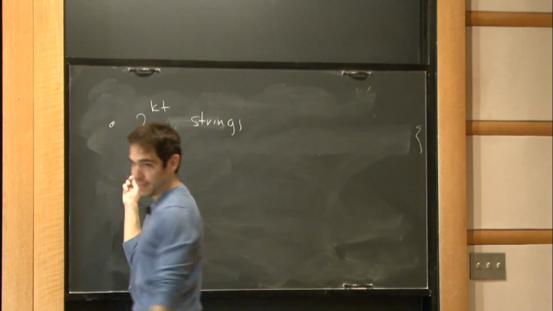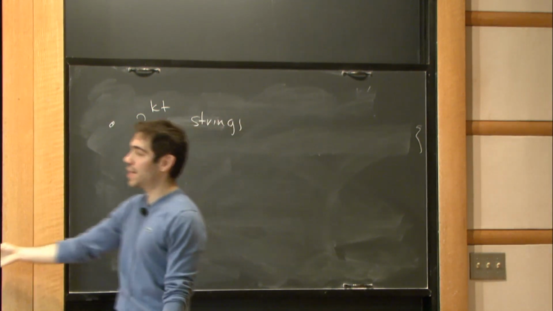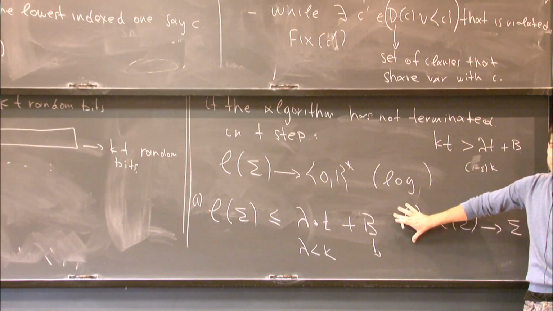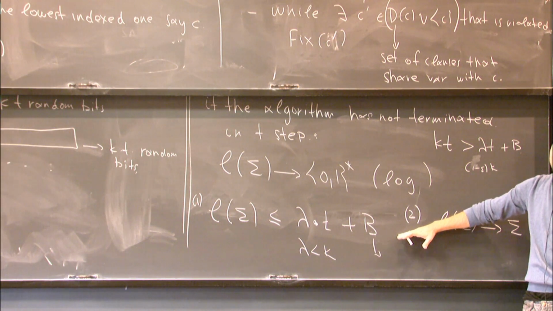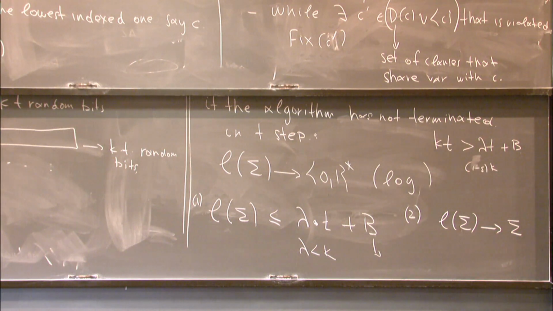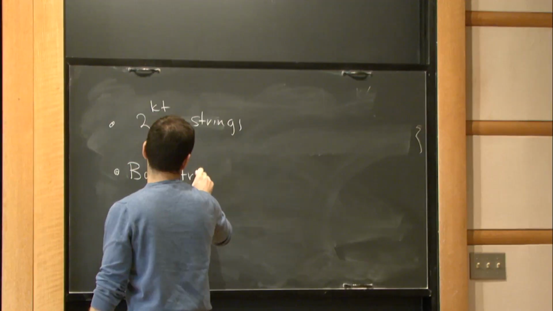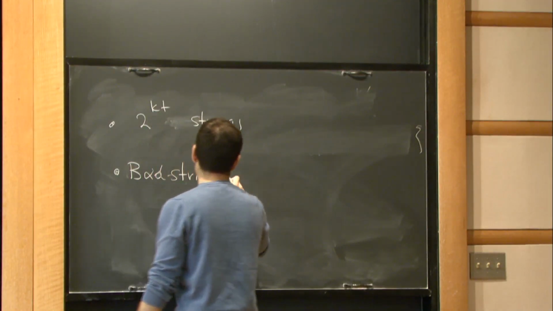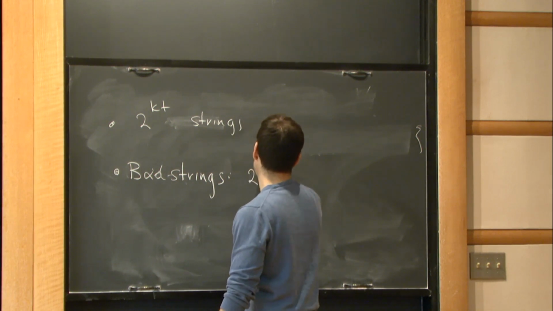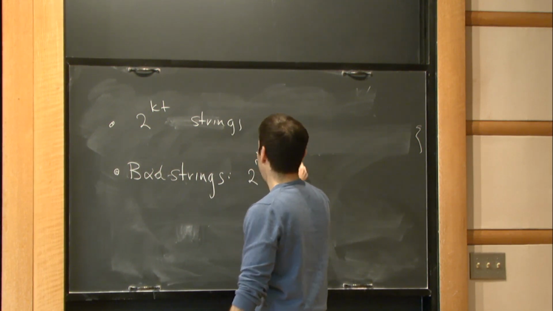You pick one at random. What this does is count how many of these strings lead to a failure, to no termination. These are the bad strings, and the bad strings are at most 2 to the lambda t plus beta.